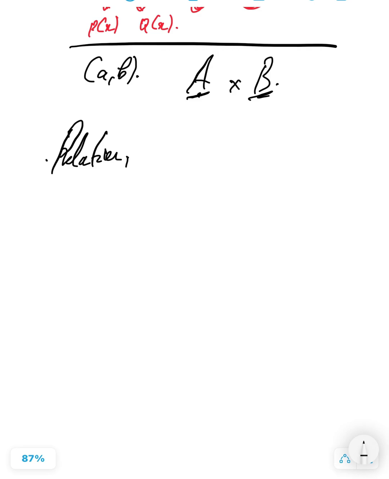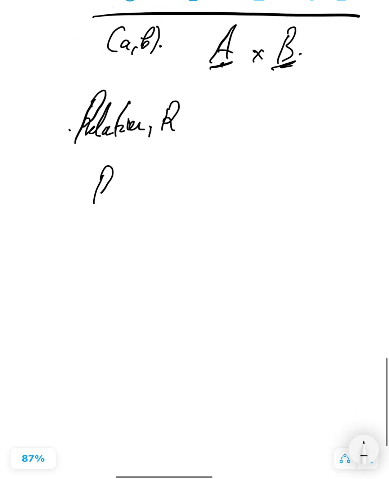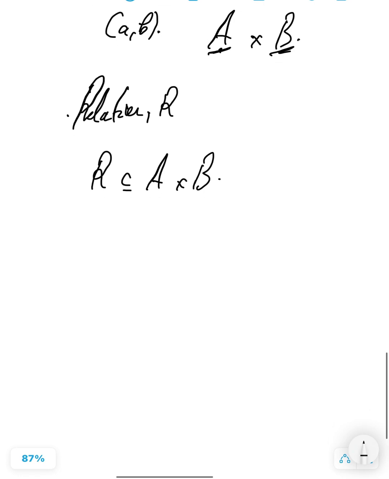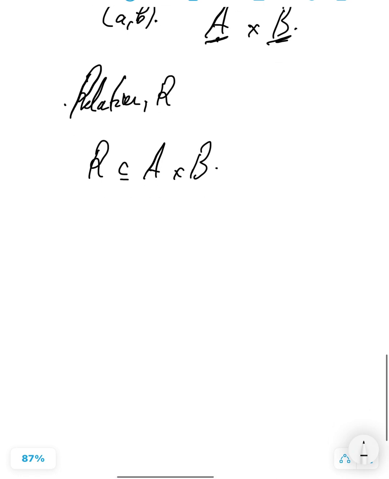We typically call it R, and R is simply a proper subset of the Cartesian product between two sets or two possibility spaces, right?